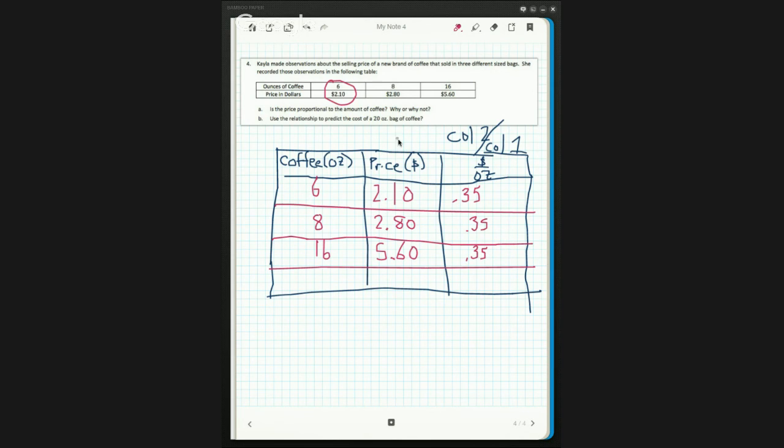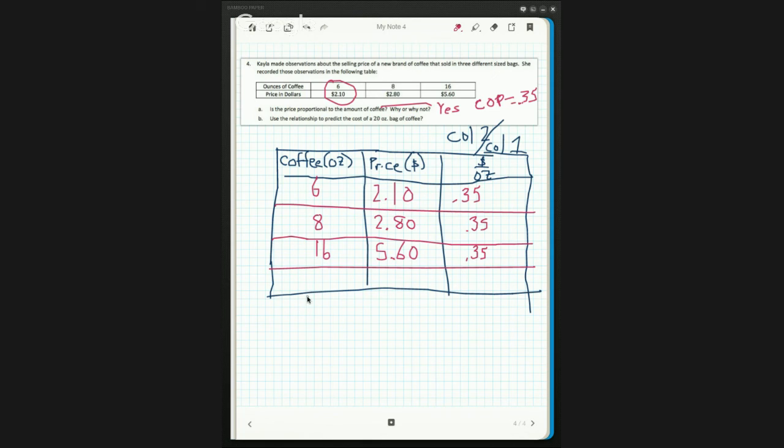So the answer is yes. And the reason is I have a constant of proportionality equal to 0.35, and it's the same. It's a constant.